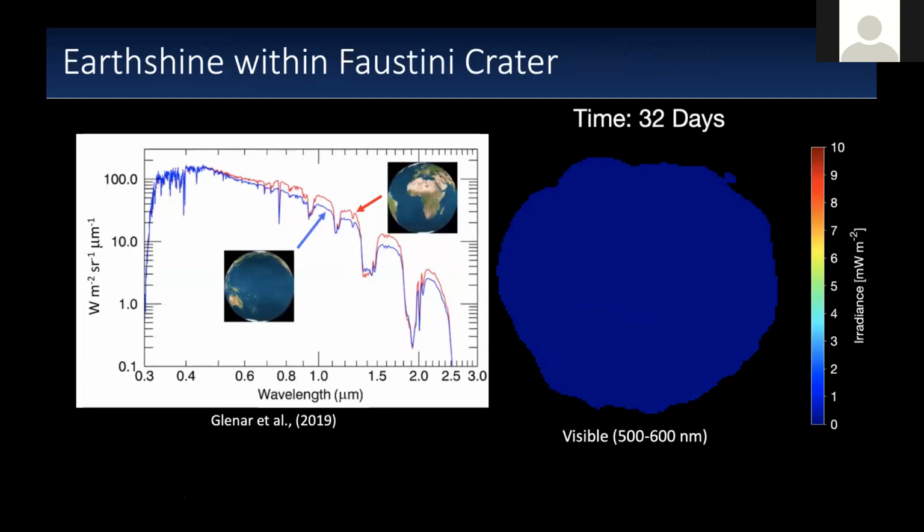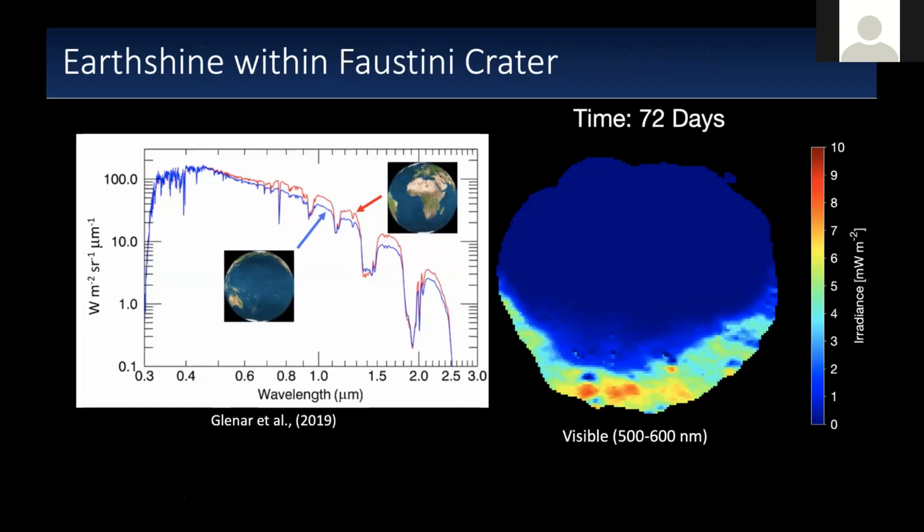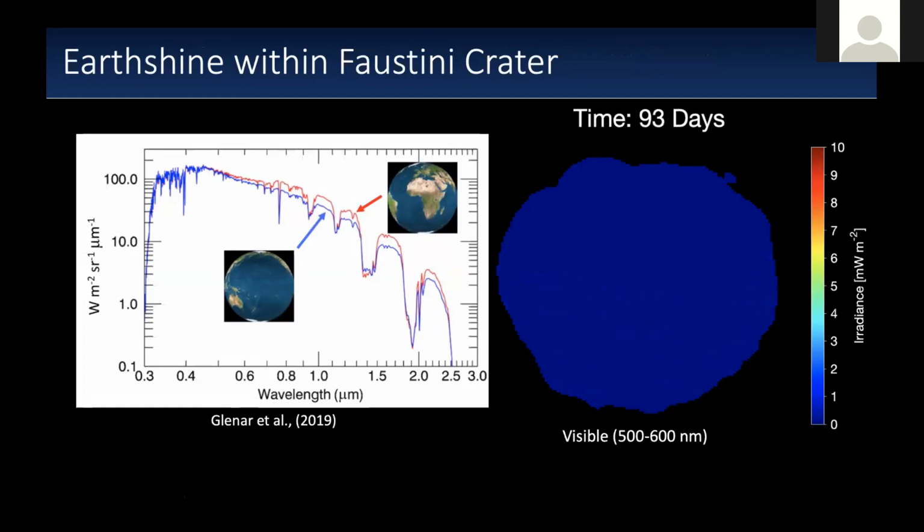So another source of illumination is earthshine, as I said. And there was a paper that came out this year that did some very detailed modeling of earthshine. On the left is a plot of the earthshine spectra from this paper, and on the right is an animation of the earthshine being received at Faustini crater.